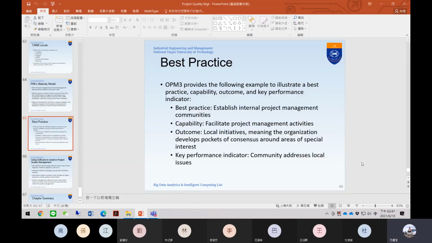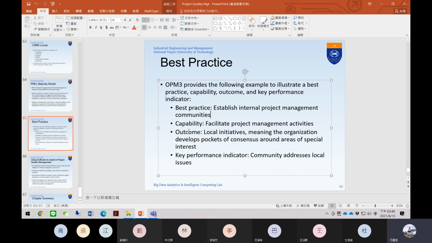Okay. So OPM3 provides the following example to illustrate the best practice, capability, outcome, and key performance indicator. Best practice: establish internal project management communities. Capability: facilitate project management activities.